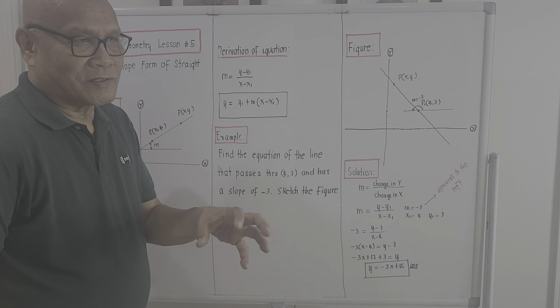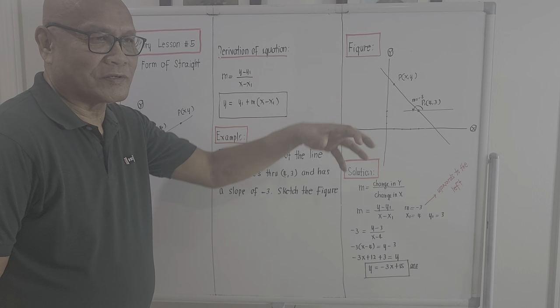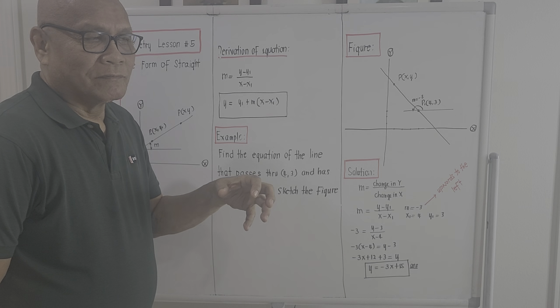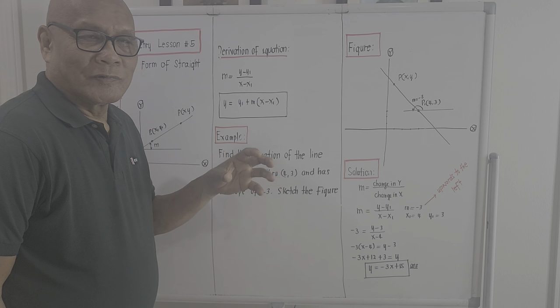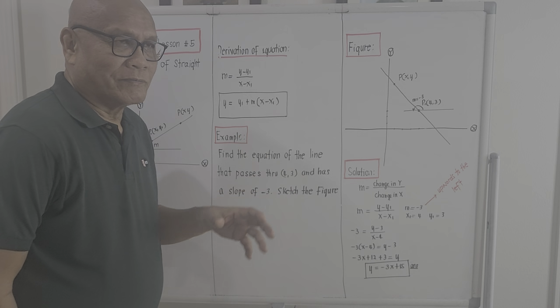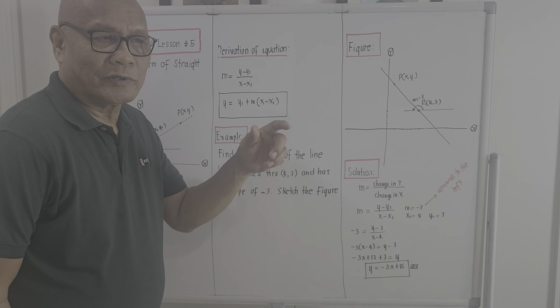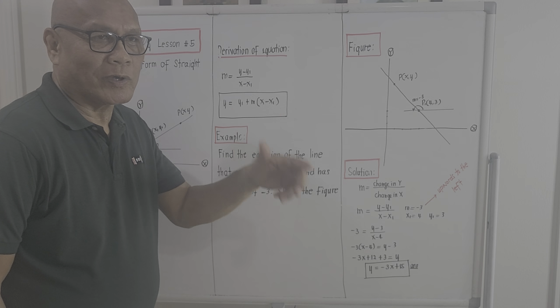Because in case number 2, the given point is the y-intercept, but for this one, that point is not the y-intercept. It is just designated as point P1 with coordinates x1 and y1.